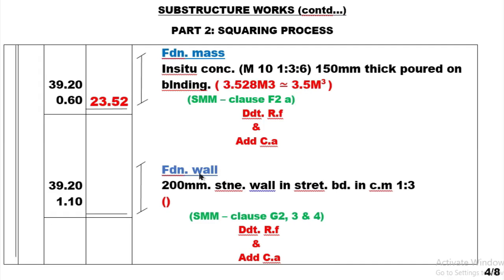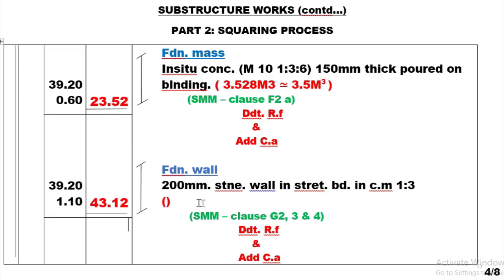Next item will be foundation wall, and the explanation will be 200 millimeter stone wall in stretcher in cement mortar, ratio of 1:3. Remember, in our first part when we did the takeoff, we had a wall which was having mean girth of 39.20 and the wall height was 1.1. So if I have to square this to have those values here, I simply multiply these two figures and I'm getting 43.12.